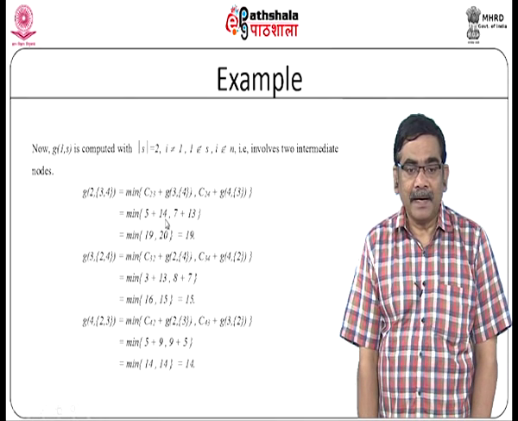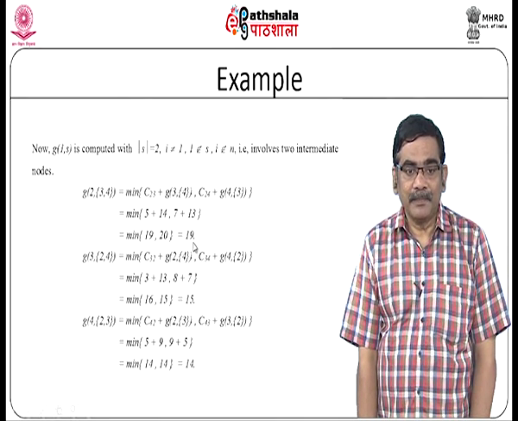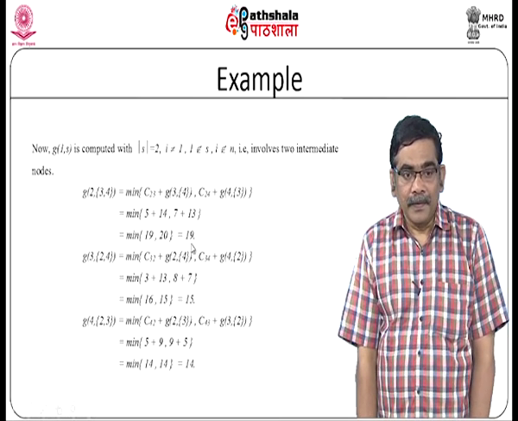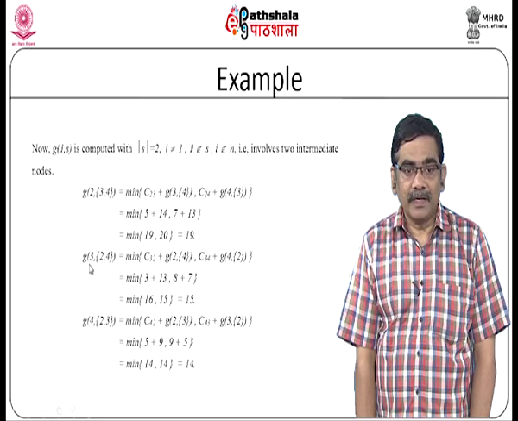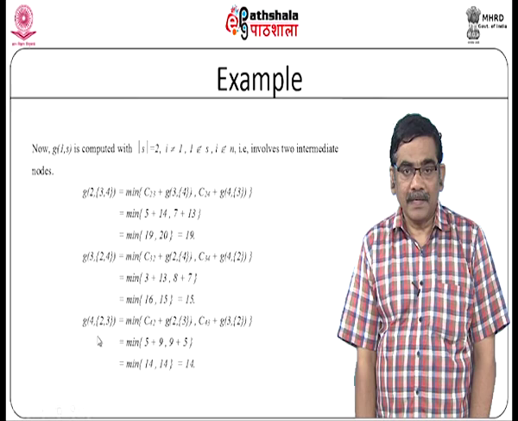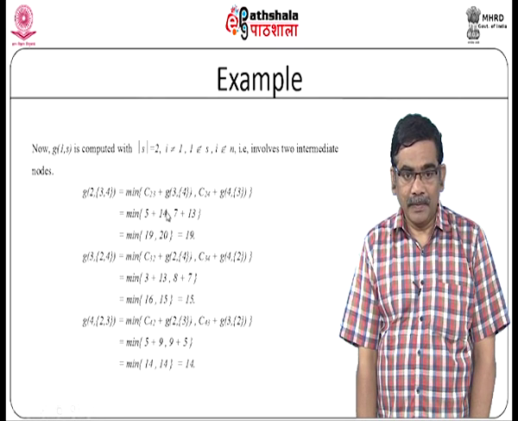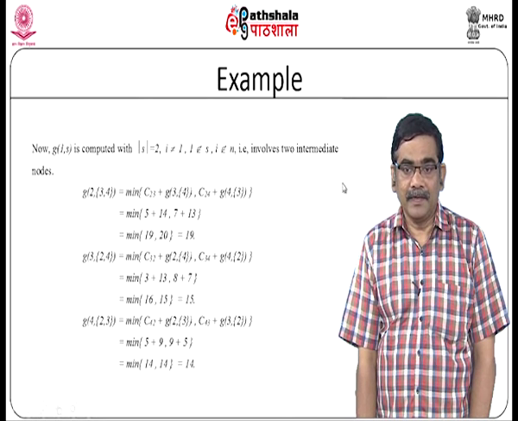Now, simply plug in. So, the minimum is going to be 19. Using this particular logic, I can find g of 3 comma 2 comma 4 as well as 4 comma 2 comma 3. So, I can compute all these things with s equal to 2.